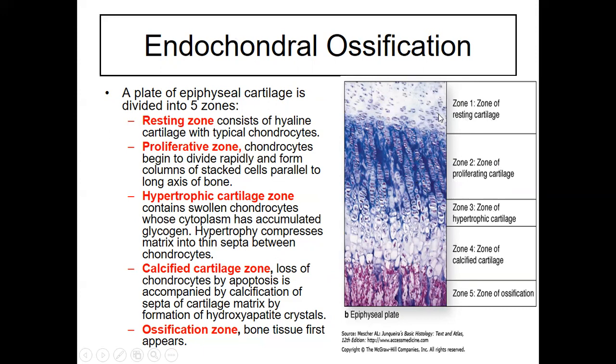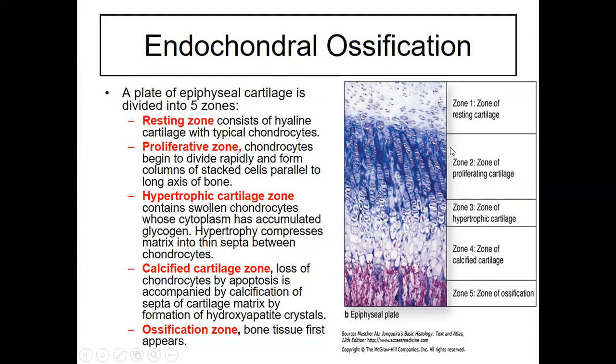At the resting zone, it consists of hyaline cartilage with typical chondrocytes. So the typical chondrocyte can be found at zone 1. This means that the bone is developed from the cartilage. That is the meaning of endochondral ossification.